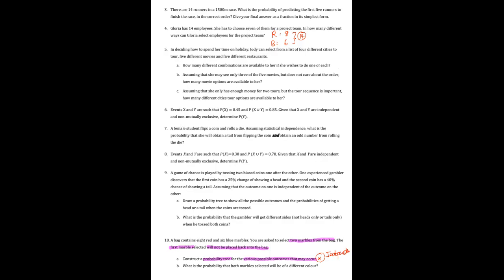And remember, we said just now that the independent rule basically means that we multiply. That's what we did just now in question 7. Okay, so now let's draw up the tree, and we also need to show the various possible outcomes.